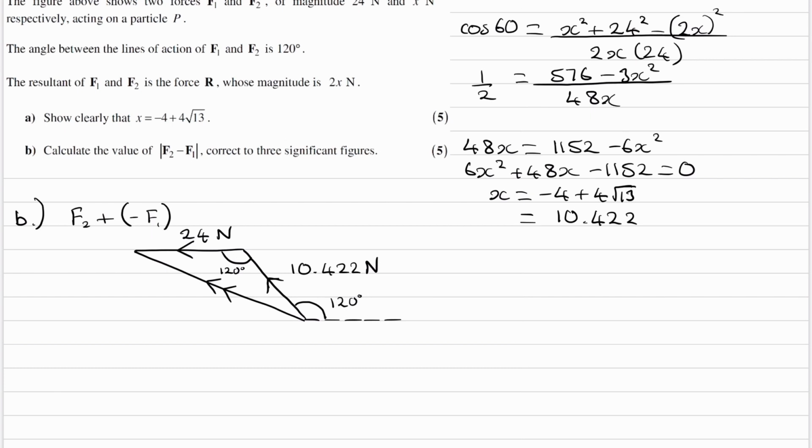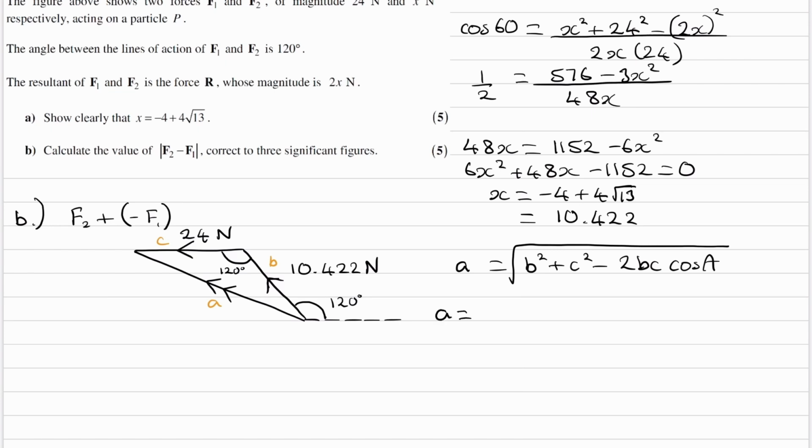And then we can use the cosine rule to work out what this unknown side is. So let's call that A. That's B, that's C. So then cosine rule, A squared is B squared plus C squared minus 2BC cos A. But we're trying to work out what A is, so I'm going to square root both sides, get rid of that square, and then simply square root the whole right hand side.